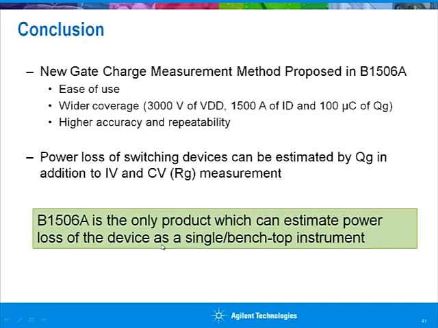Since B1506A can measure all of those parameters with this single test equipment, B1506A is the only equipment which can evaluate the total power loss of switching devices as a single benchtop test equipment.